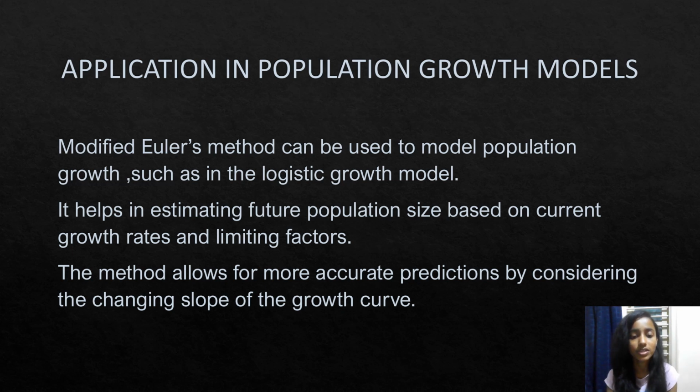The modified Euler's method involves calculating the slope at 2 points, the initial point and the midpoint between the initial and final points. The population size at the final point is then estimated by using the slope at the midpoint to update the initial population size.